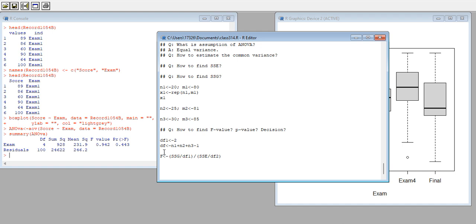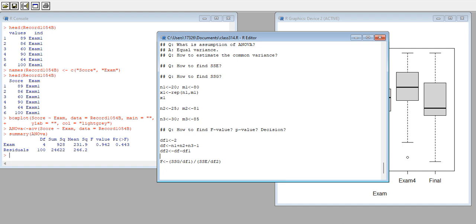Then degree of freedom 2 equals the total degree of freedom minus degree of freedom 1. So we have those degrees of freedom.